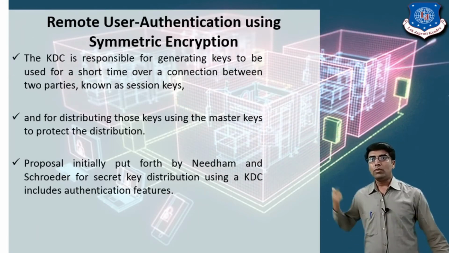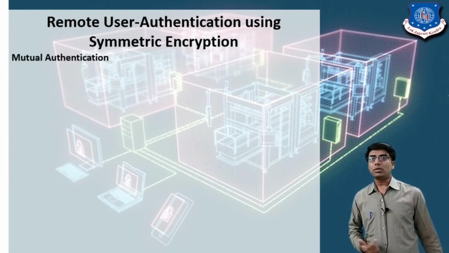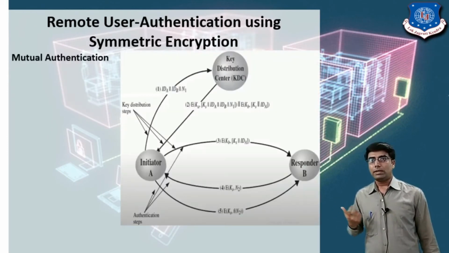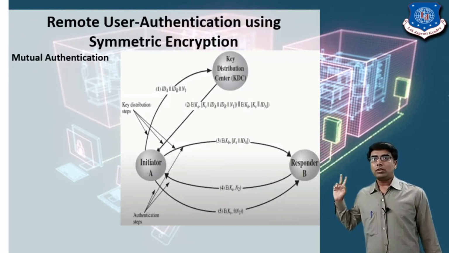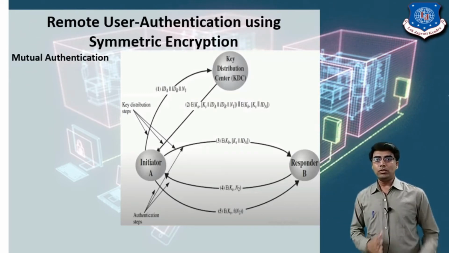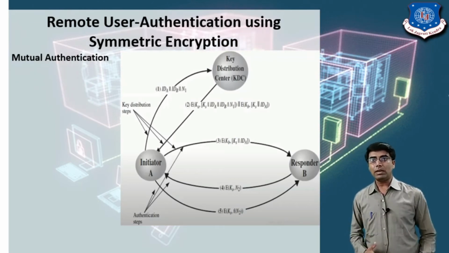So now we will see the Needham and Schroeder's technique. You can see in this figure there are two users, initiator A and initiator B, or responder B we can say, and the key distribution center.